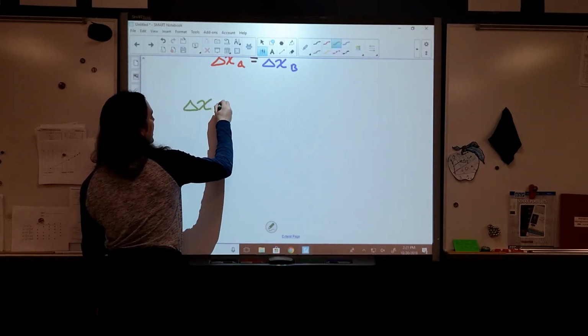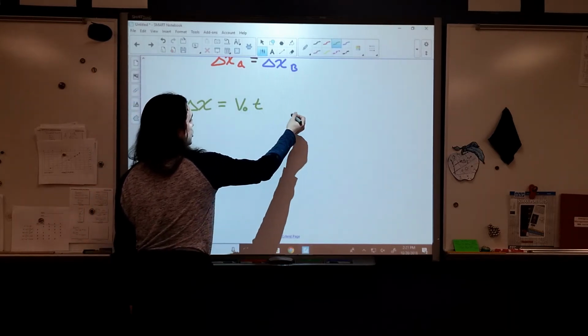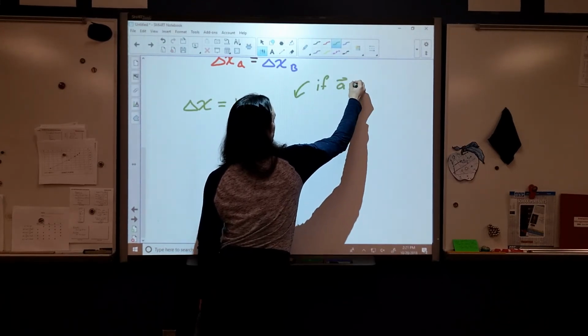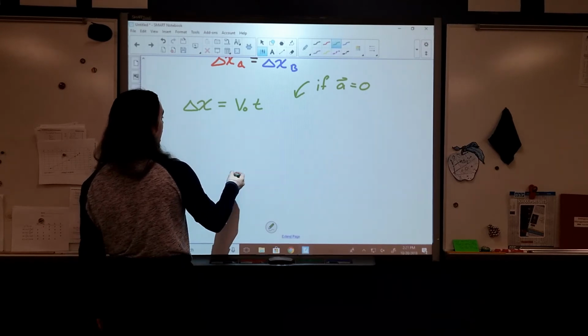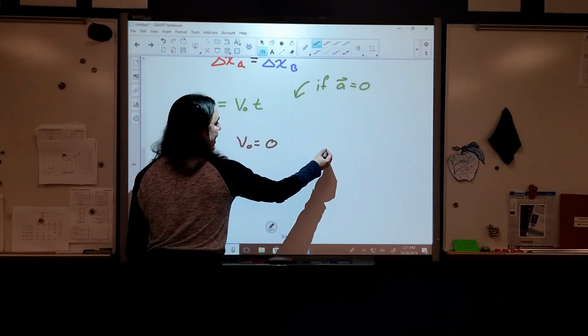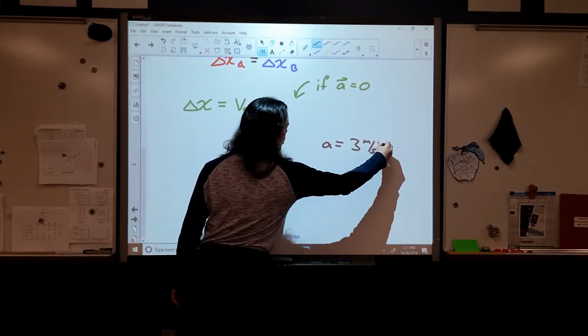We found that delta x, our displacement, could be described in terms of our initial velocity times our time if your acceleration is equal to 0. But what if instead they're starting from a stop, my initial velocity is 0, but I have a constant acceleration, maybe 3 meters per second squared.